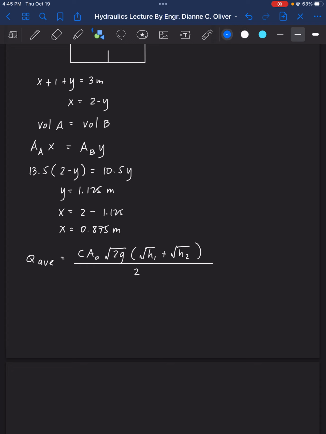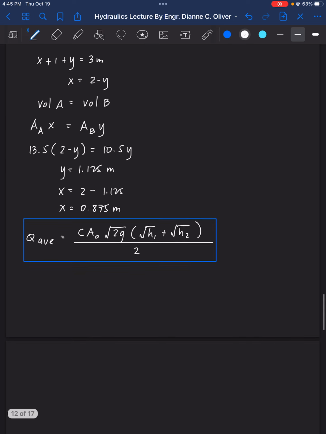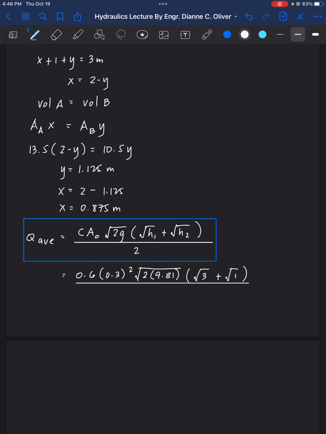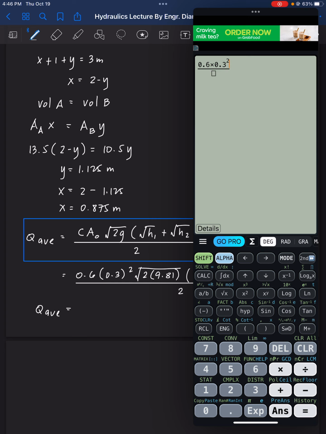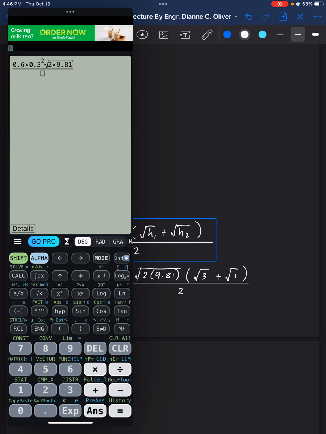So we have 0.6 for coefficient of discharge, 0.3 squared for the area of the orifice, square root of 2 times 9.81, times square root of 3 plus square root of 1, divided by 2.